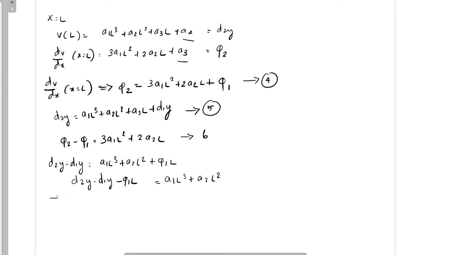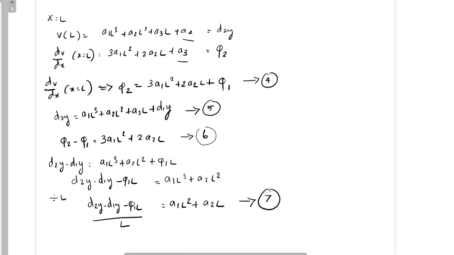So you divide this equation by L. So d2y minus d1y minus pi 1 L by L, which is equal to a1 L square plus a2 L. So you keep this as equation number 7. This is equation number 6. This is 7. So we are going to solve these two equations.